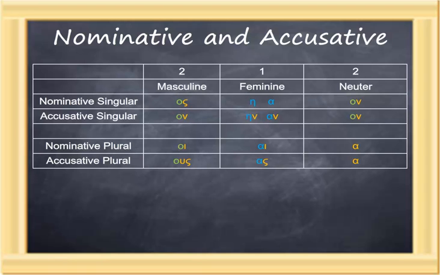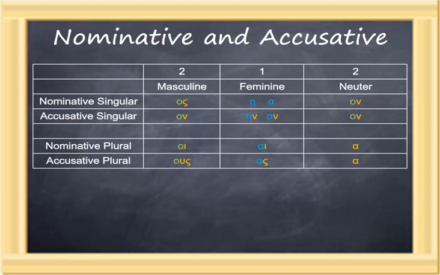So, if the word is inflected at the end, omicron sigma, among the words that you've learned so far, that would be a nominative singular masculine. If it's omicron nu, well, here it's a little trickier because it could be a nominative singular neuter, accusative singular neuter, or accusative singular masculine.